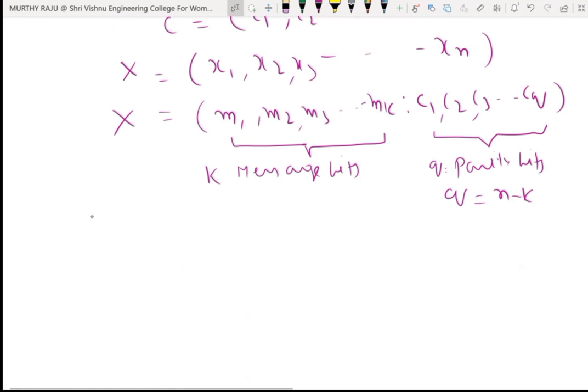Here x1 is equal to m1, x2 is equal to m2, x3 is equal to m3, up to xk is equal to mk.